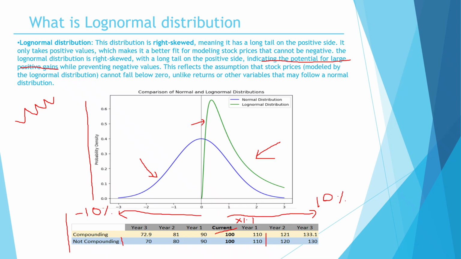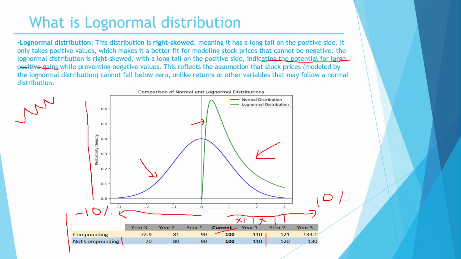Now, when I move into the second year, I will apply compounding. I will again multiply the resultant 110 by 1.1. What will be the resultant number? It will be 121 if I have compounding. However, if I do not have compounding, it will be 120.